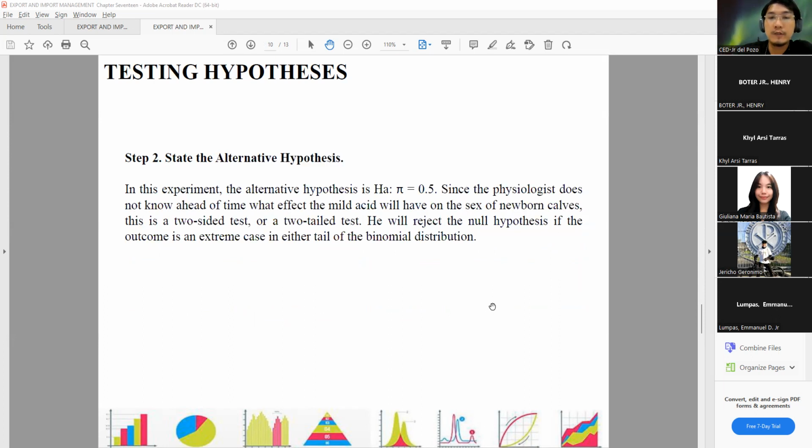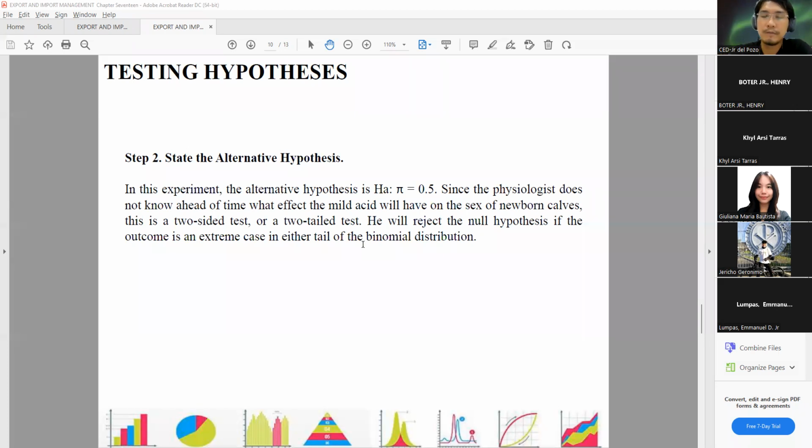The alternative hypothesis will contradict the null hypothesis. Yun ang purpose naman ng alternative hypothesis. Kung ang sinasabi mo sa null hypothesis mo na equal lang ang ratio ni male and female, paano mo sasalungatin yung statement na yon?